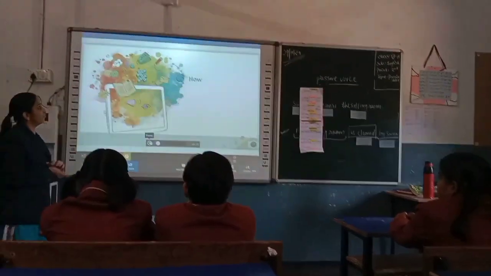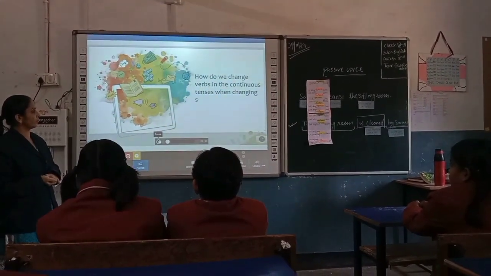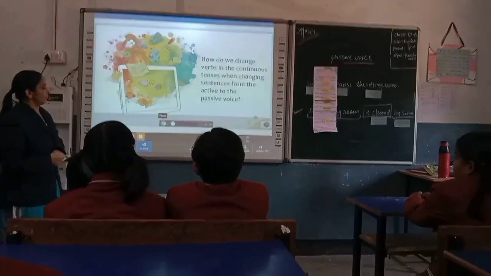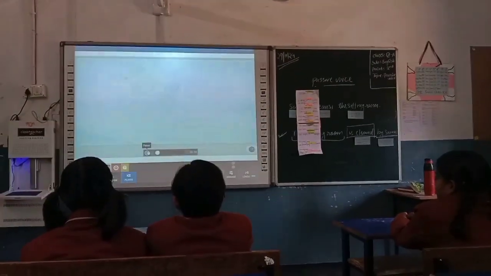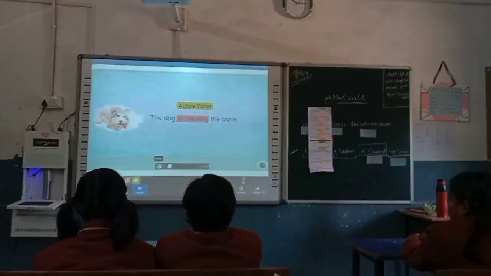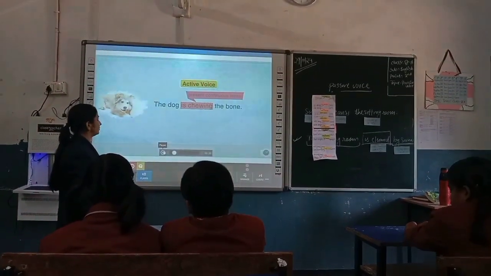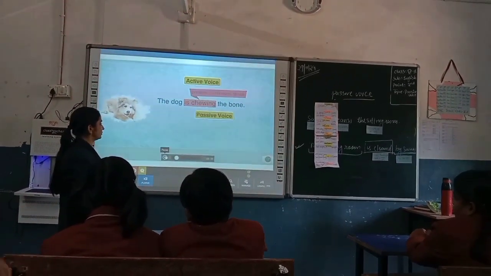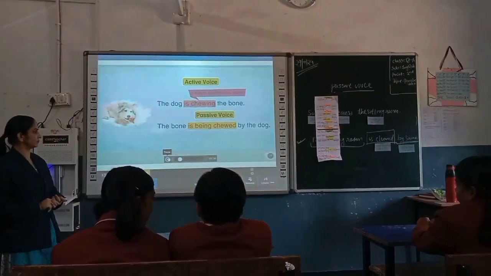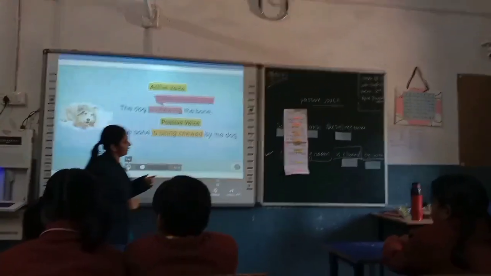Let's see the next. How do we change verbs in the continuous tenses when changing sentences from the active to the passive voice? It's quite simple. Now, here's a sentence in the present continuous tense. The dog is chewing the bone. The bone is being chewed by the dog. Notice that is chewing in the active voice changes to is being chewed, as I have explained already.